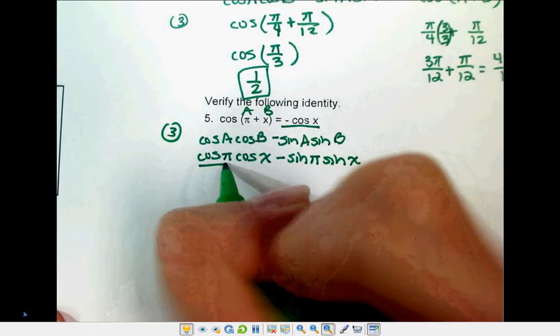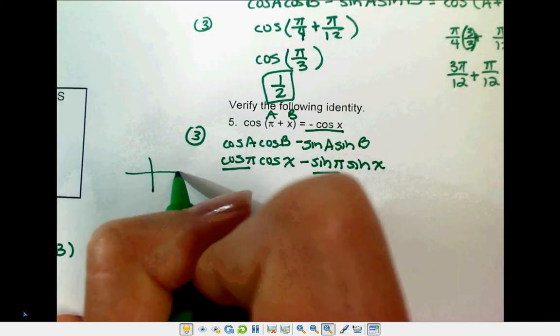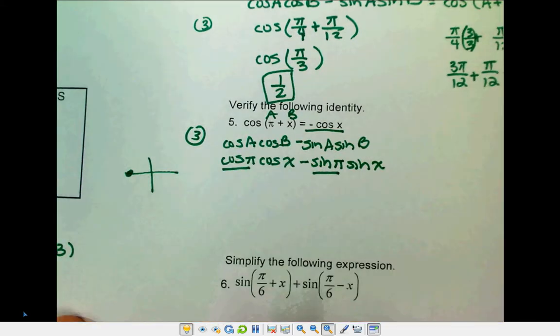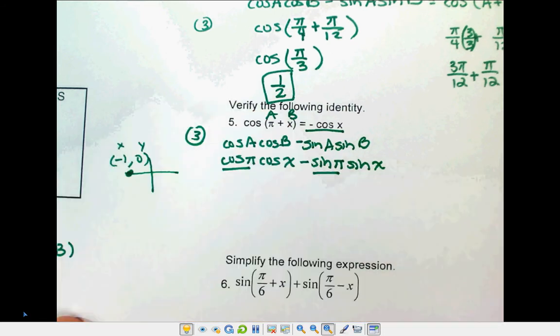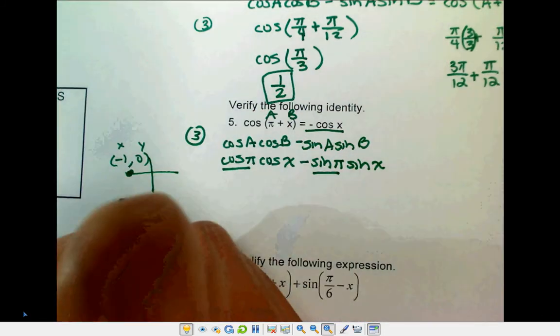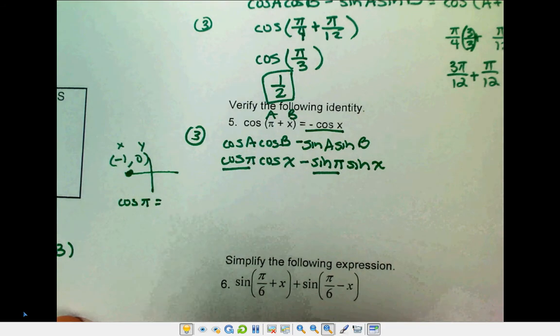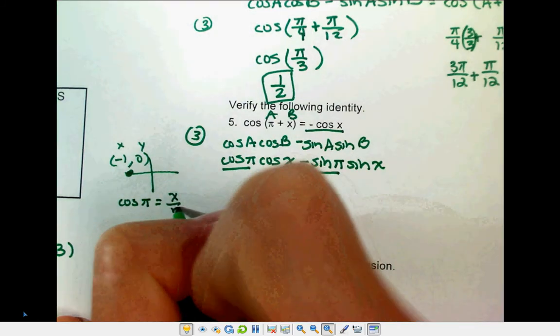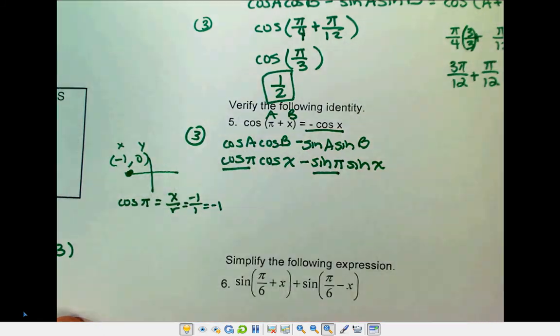And I can actually find cosine of pi and sine of pi, because pi, which is the same as 180 degrees, is over here. Here's my point on the unit circle. So cosine of pi, cosine is x over r. Because my x here is -1, I know my cosine is going to give me -1.